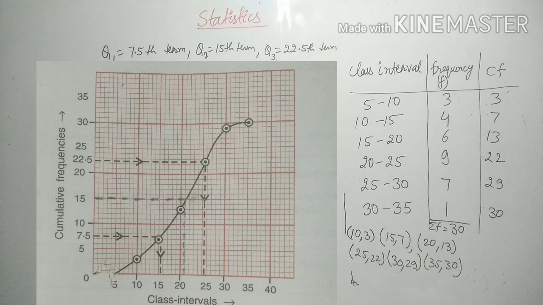We can observe here, minutely, it is between 15 and 16. So that means it will be 15.5. So the value of Q1 will be 15.5.